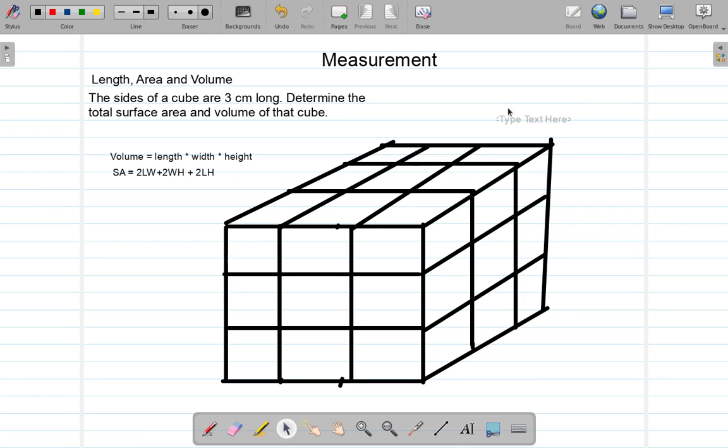So the volume would be equal to 3 times 3 times 3. And that would be 27 cm cube. We could also put 27 cubic cm.